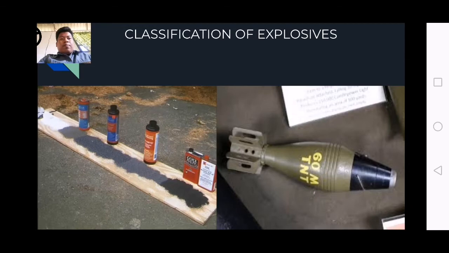They consist typically of fuel and an oxidizer, like the picture in the left side. So the black powder used in fireworks is one example of a low explosive. Black powder burns very quickly, but to get it to go bang, we have to contain it. So kailangan natin itong para mapasabog ito, kailangan natin yung ma-contain.